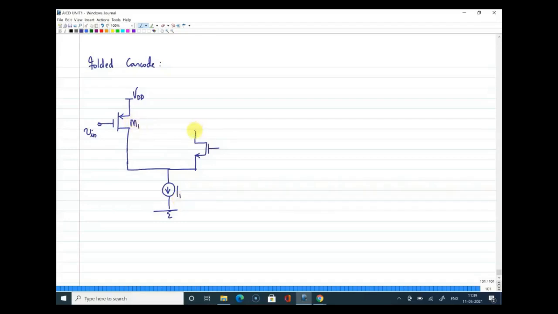Now this is the output point, and from here in general we start with a resistive load. I can keep a resistive load, but if I do not want to compromise on the gain or the output impedance, I will replace even this with something like this, where this is a cascode load.